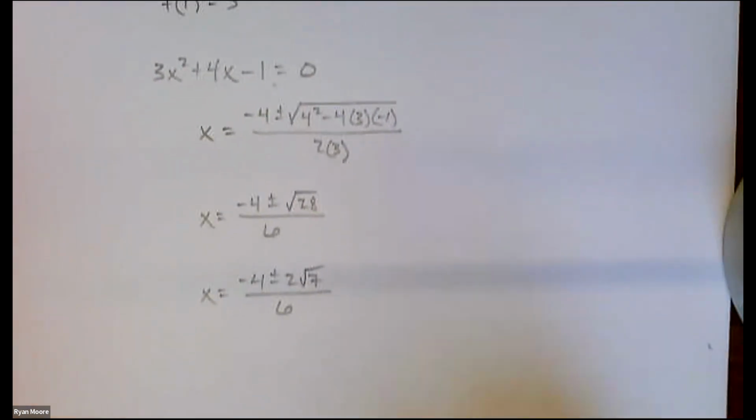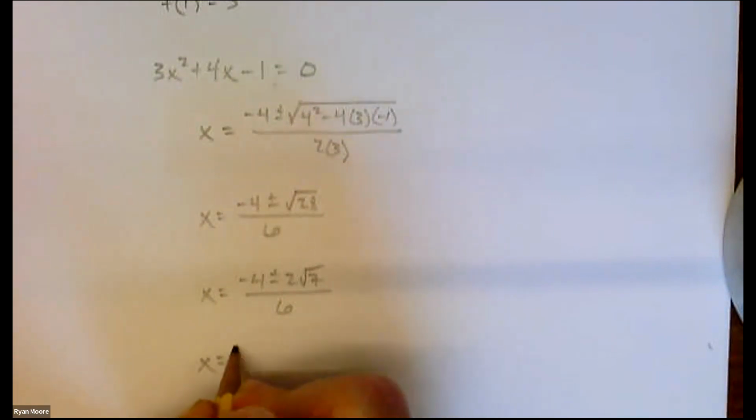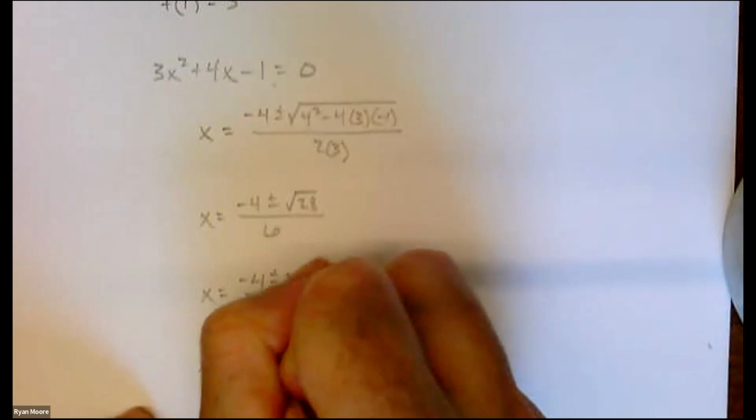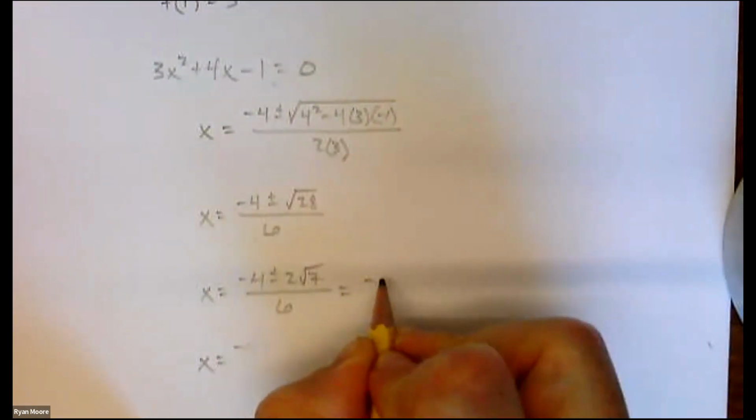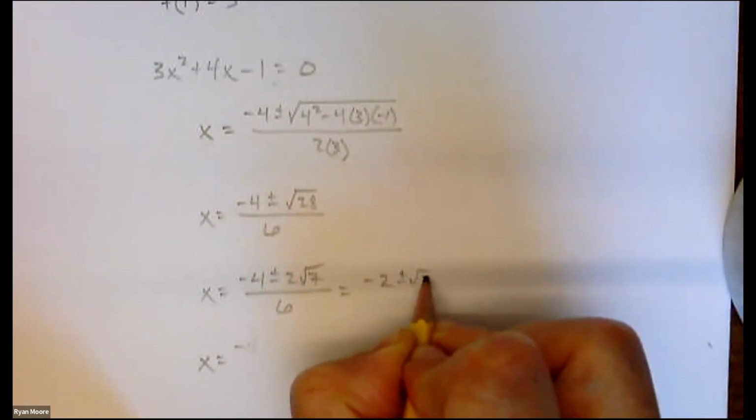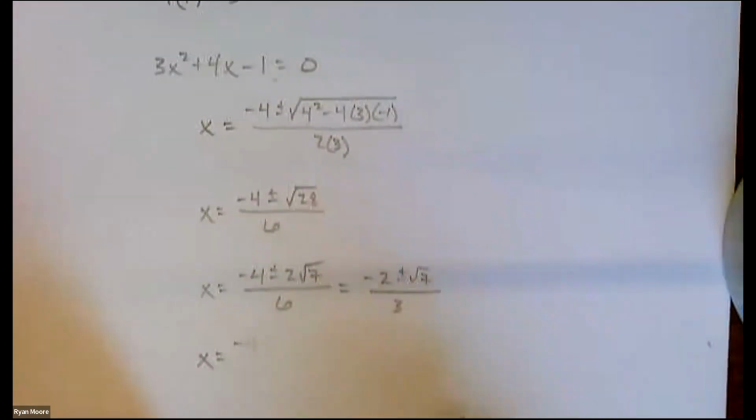Okay, so we're looking at negative 4 plus... Oh, then we can reduce everything by 2, can't we? Let's go over here. Negative 2 plus or minus square root 7 over 3 if we divided 2 out from all of them. All right.